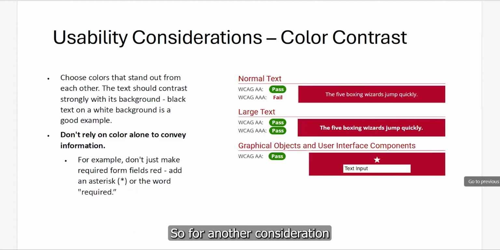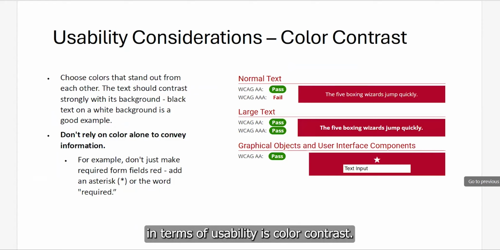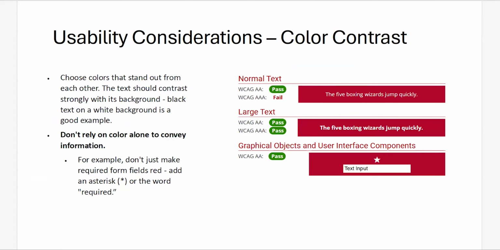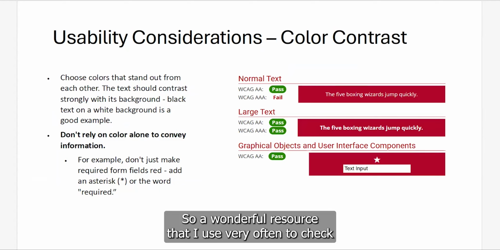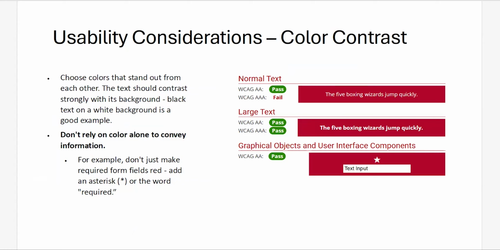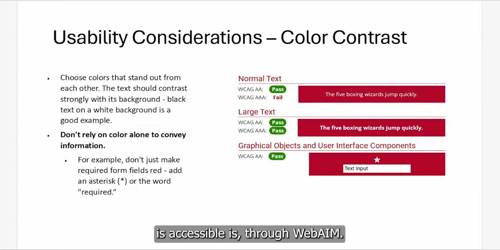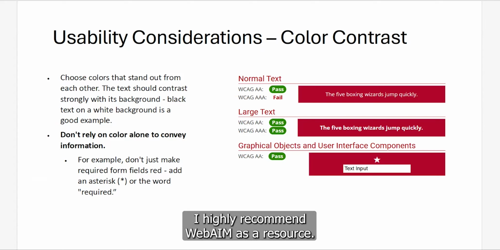For another consideration in terms of usability is color contrast. A wonderful resource that I use very often to check that color is accessible is through WebAIM. I highly recommend WebAIM as a resource.